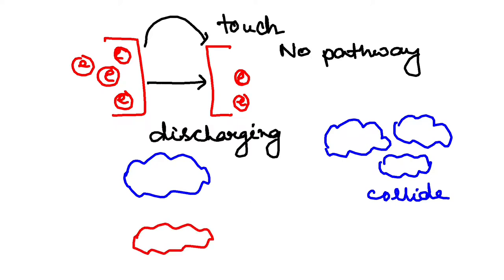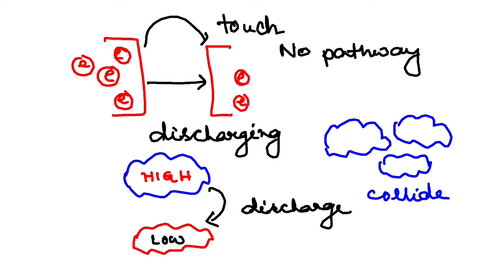So let's say this has higher concentration, and this has, let's say, low concentration. So what is going to happen now? There is going to be discharge, right? And when this discharge happens, because the discharge happens in a huge number of electrons, it is going to produce some form of energy, and that is nothing but the lightning.